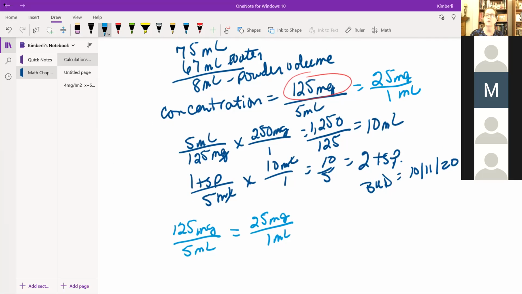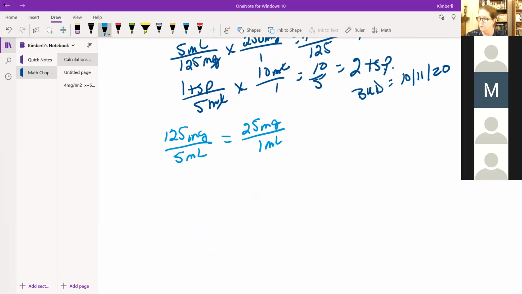It's most common that we see 125 milligrams per 5 mLs or 250 per 5 mLs. So if it's 250 milligrams per 5 mLs, what does that equal per 1 mL? 250 divided by 5, yep, it's 50 milligrams per 1 mL.